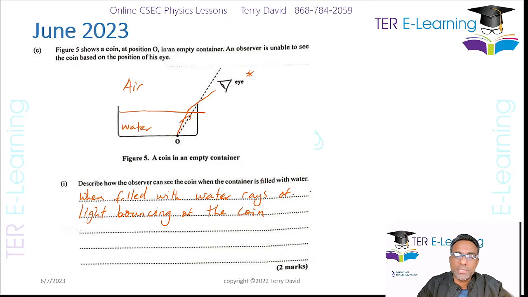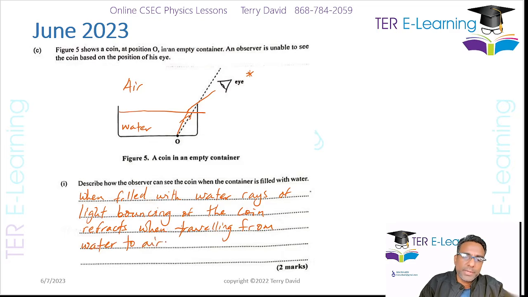So when filled with water, the rays of light bouncing off the coin refract. So when we say refracts, it's going to bend. Refracts when traveling from water to air, and the ray enters the eye.